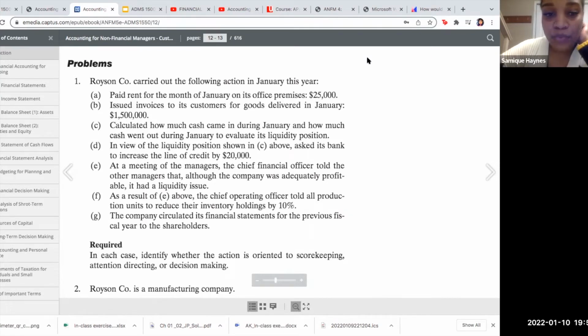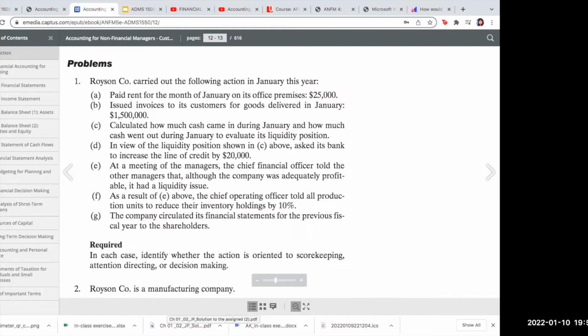And then the next one is attention directing. What are we looking for? Attention directing focuses on the goal. If you want to increase sales by 10%, it goes into how to achieve it, how to execute the plan, measure the results, see what the outcome was, and reorganize your resources or see if it was successful.